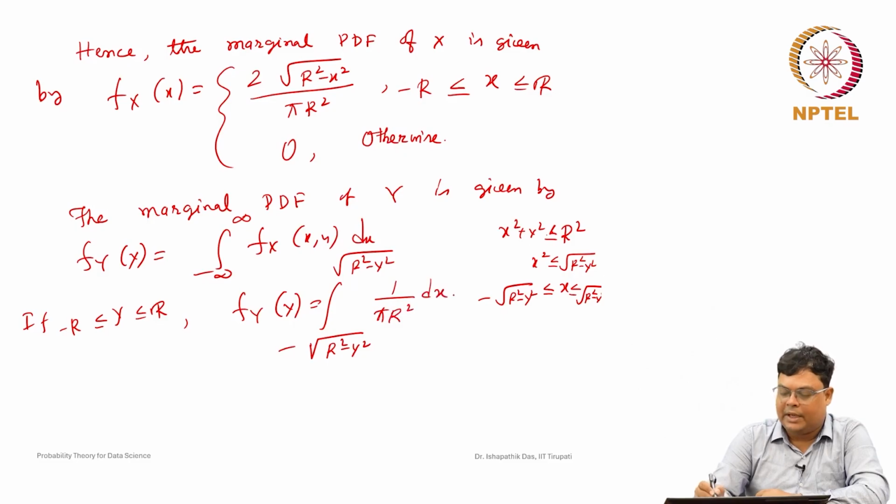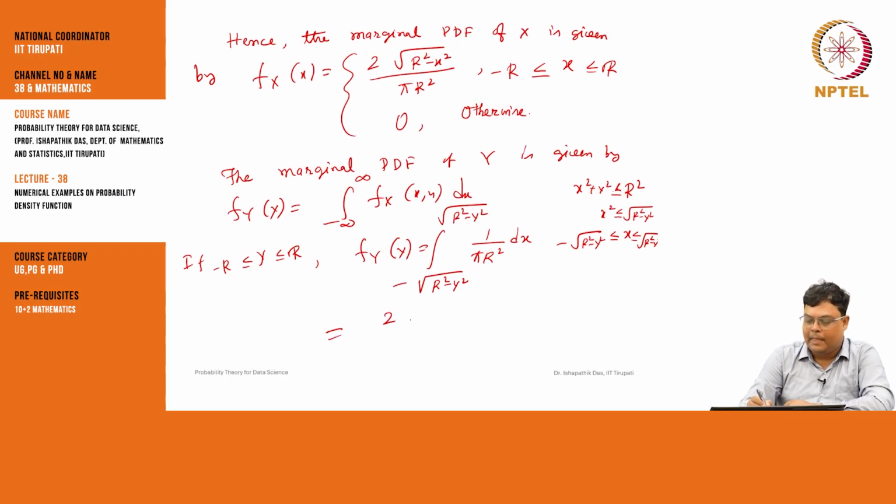then dx. So if you do the integration, again similarly we will get 2 root of r square minus y square by pi r square.